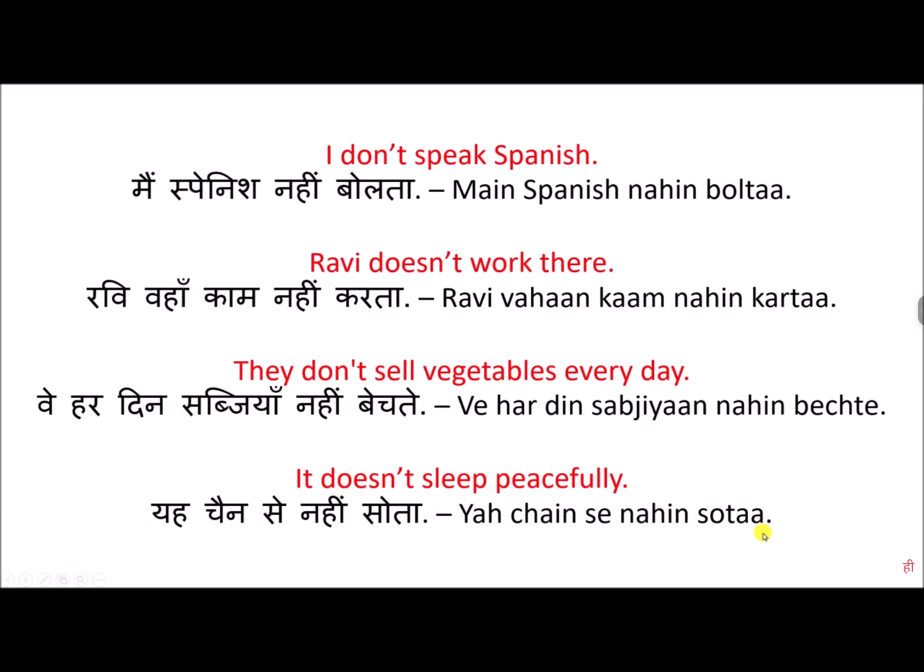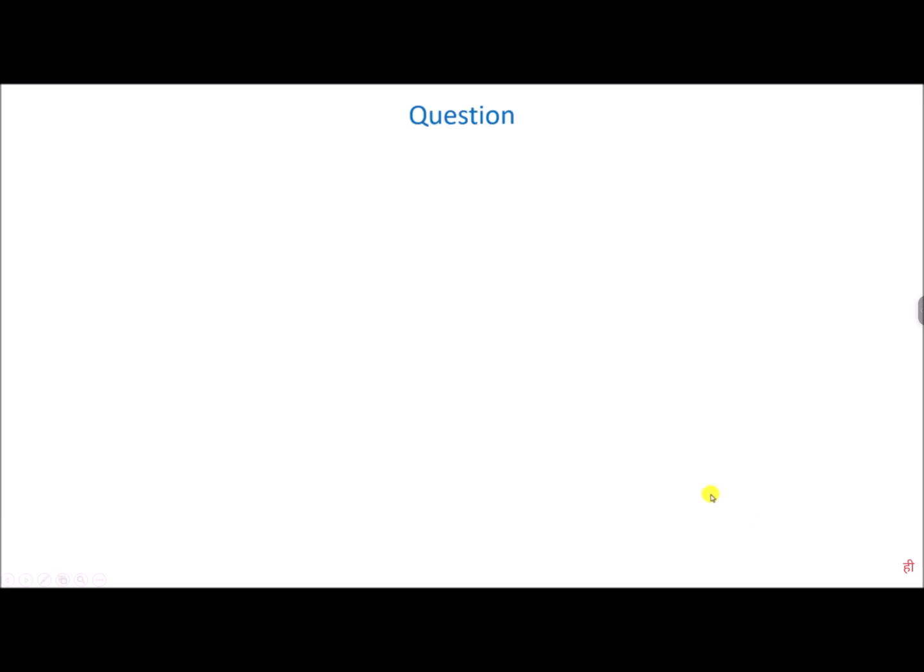Okay. Next, you know how to frame a question. I have taught this already. All you need to do is use the word kya and place it before a positive sentence.